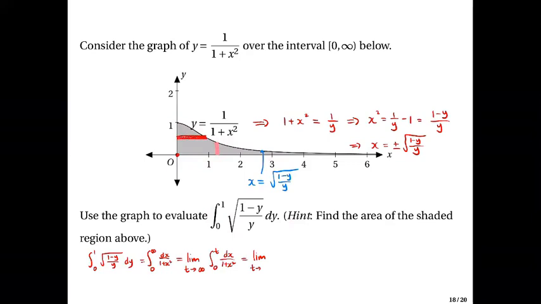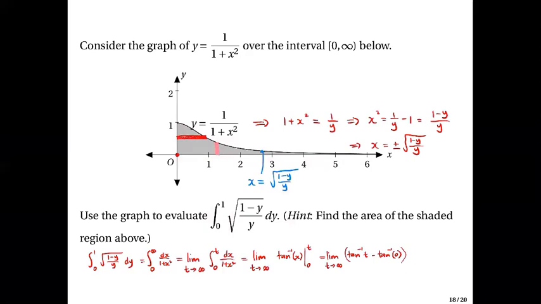So this is the limit as t goes to plus infinity of tangent inverse of x evaluated from 0 to t. This is the limit as t approaches plus infinity of tangent inverse of t minus tangent inverse of 0. Tangent inverse of 0 is just 0, so it won't contribute to anything.